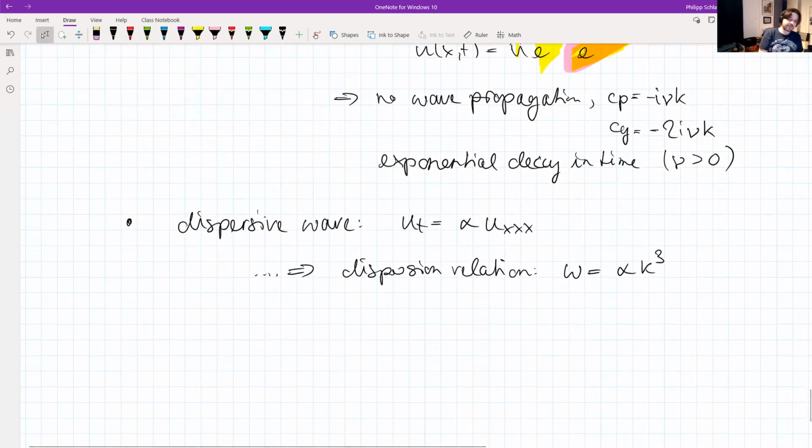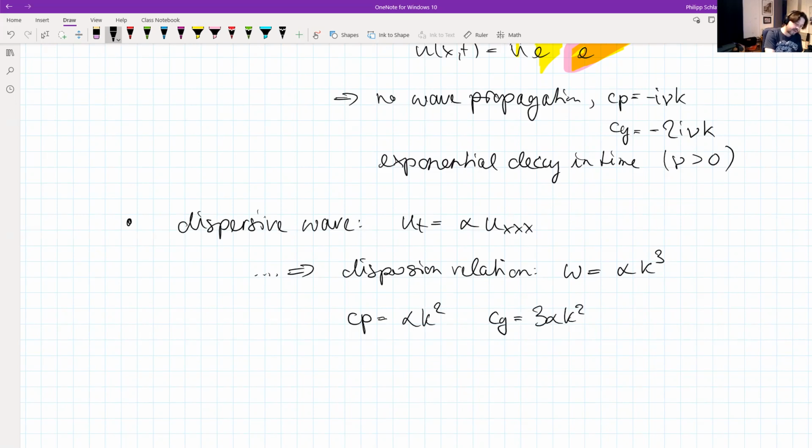Now this is quite an interesting result, because I can again calculate my Cp, my phase velocity. My Cp now becomes alpha times k squared. And my Cg, my group velocity, becomes 3 times alpha k squared, or 3 times Cp.